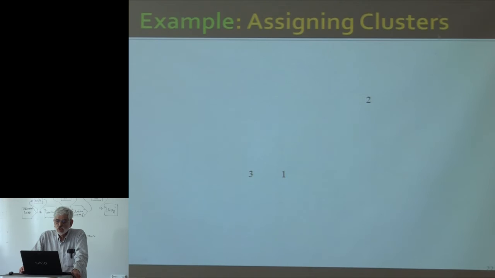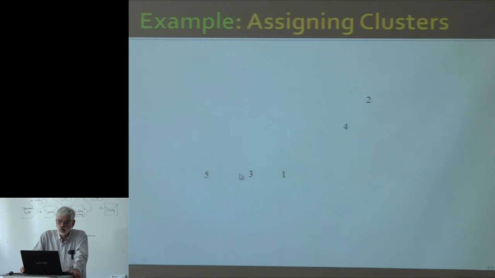Now, notice, because I've assigned 3 to this cluster, its centroid is now moved to here. Okay. Now, another point 4 comes in. That obviously belongs to this cluster. Its centroid is now moved to here. 5 comes in. Obviously belongs to this cluster.